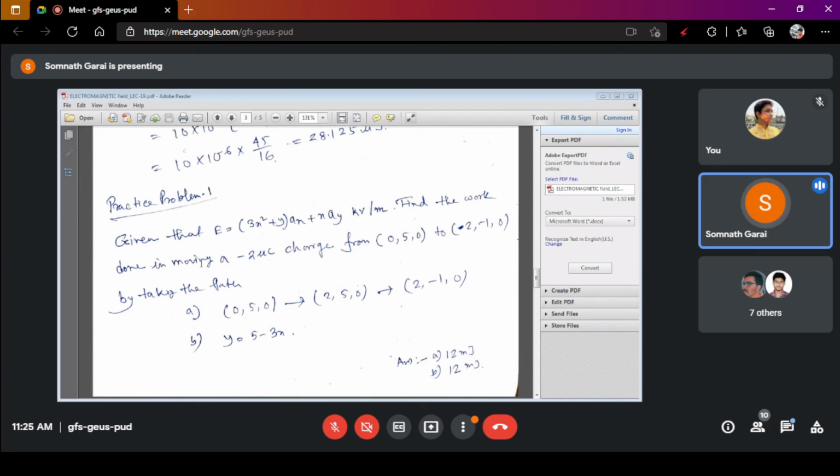Find the work done in moving a minus 2 microcoulomb charge from vector location 0, 5, 0 to 2, 5, 0, then from there to 2, -1, 0, by taking the path. And the second path is along the line y is equal to 5 minus 3x, a straight line equation. Find the work done along both paths, where E is given and the charge Q is 2 microcoulomb. Solve this and send it to me.